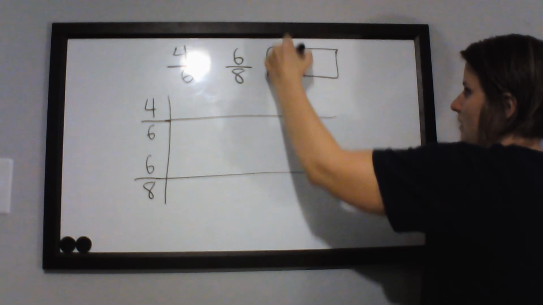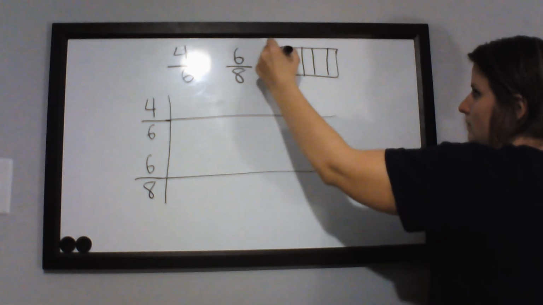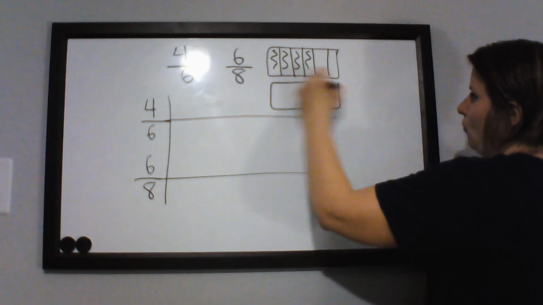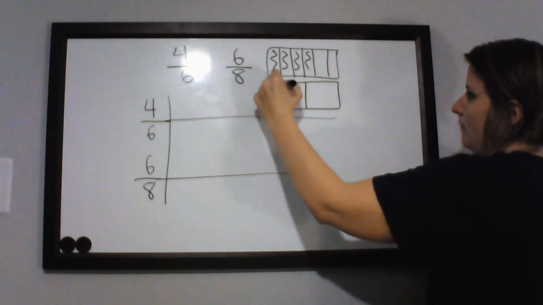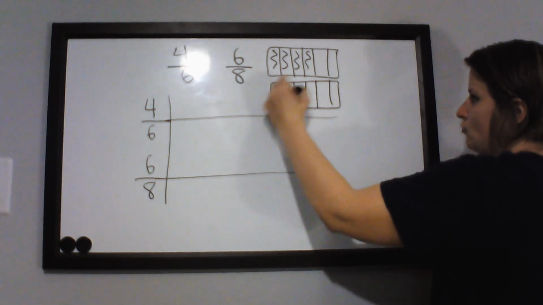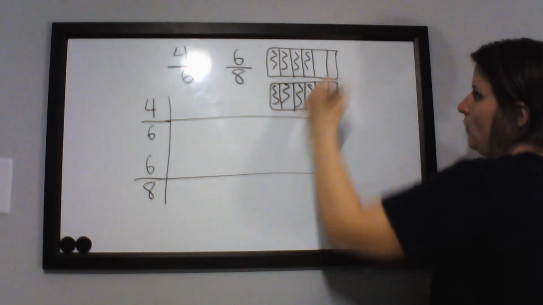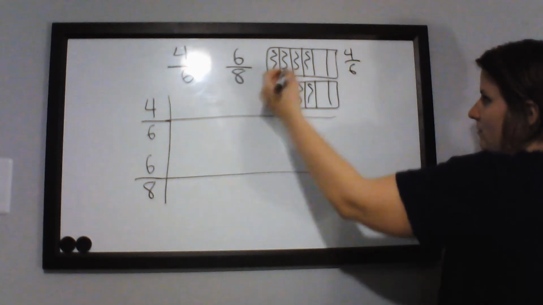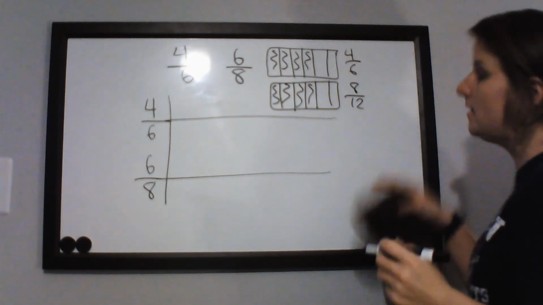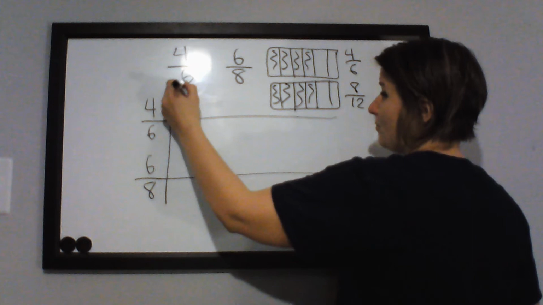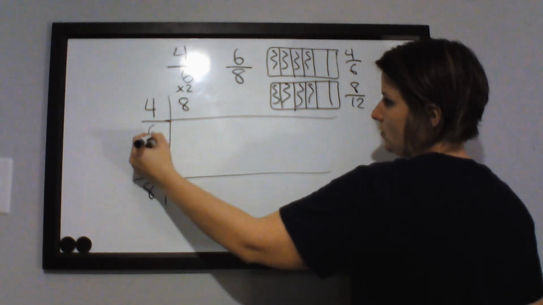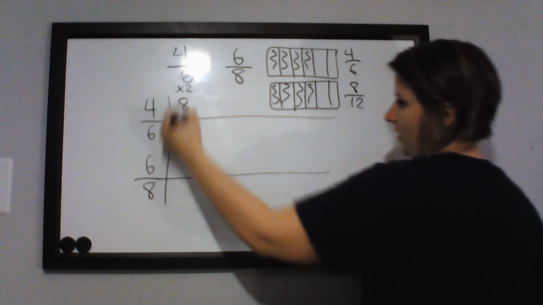If I have 4/6, and I draw 4/6 again, right underneath it, well, this is 4/6, but when I put both of them together, it's 8/12, okay? And all I did to create that equivalent fraction was multiply by 2, because 4 times 2 is 8, and 2 times 6 is 12, and so I have 8/12.